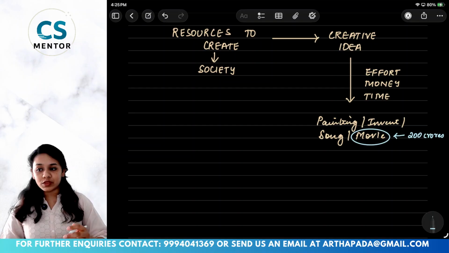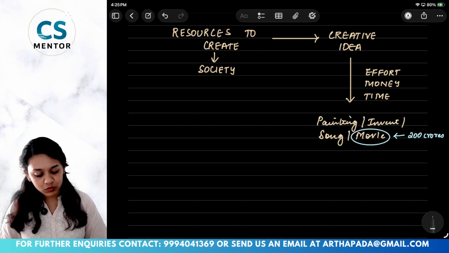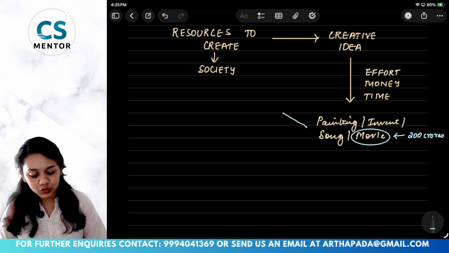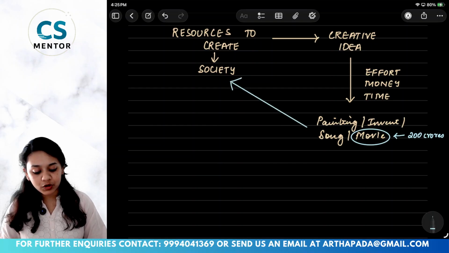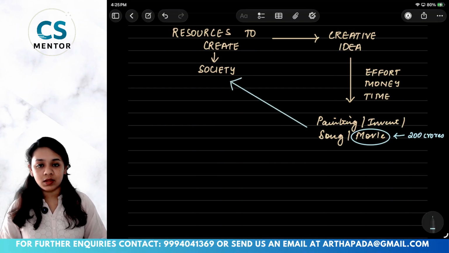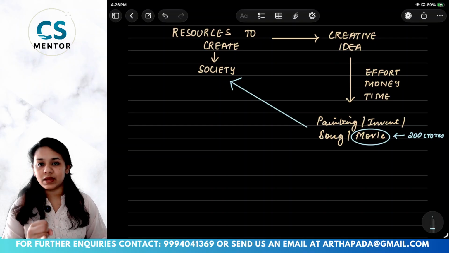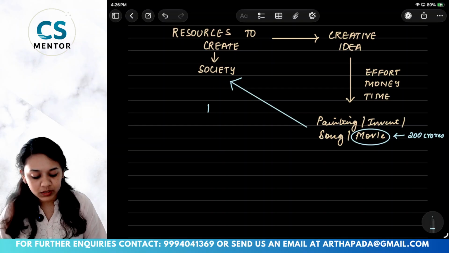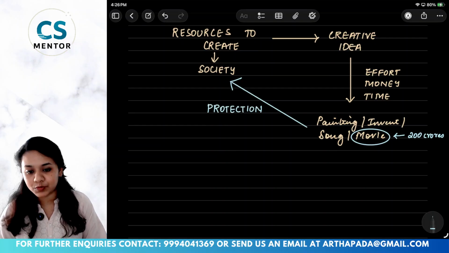protect? So that is why they're saying, okay, no worries, you give this resource back to the society, but in the process of giving it back to the society, don't worry about it being diluted, destroyed, or spoilt in any way, because we'll give you a protection. Now who will give this protection?